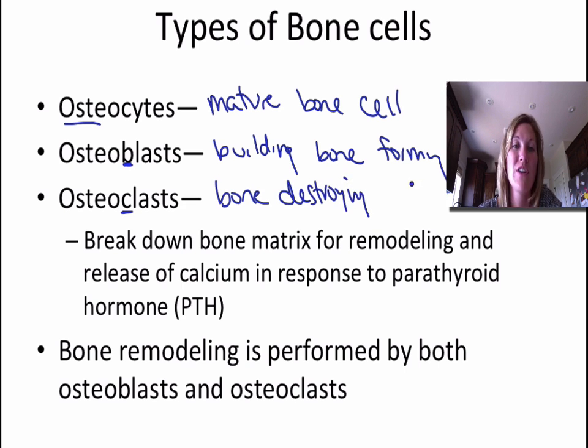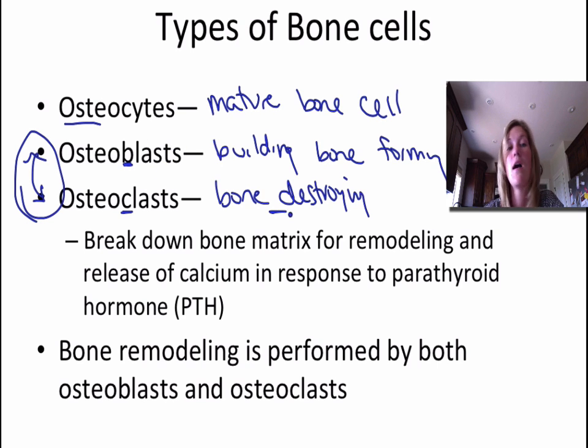Now it's important to know that if your bones are building bone up, they're not just using osteoblasts. They're using osteoblasts and osteoclasts together. So just be aware that we're always using both of those. We're breaking other parts down to redistribute those materials somewhere else.